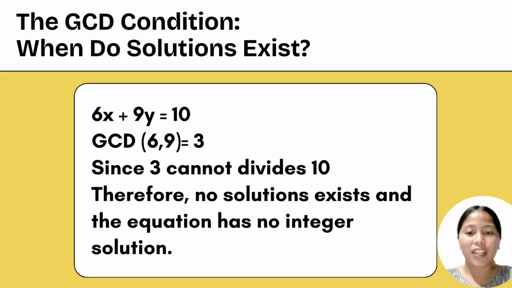For example, we have 6x plus 9y is equal to 10. We first find the GCD. Our a is 6 and our b is 9, so the GCD for this equation is 3. Since 3 cannot divide 10, which is our c, no solutions exist and the equation has no integer solutions.